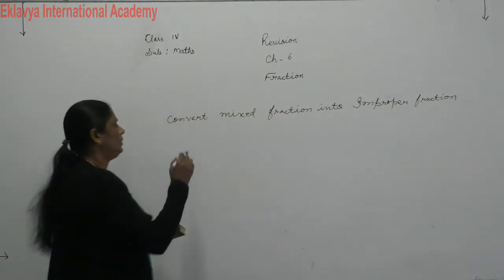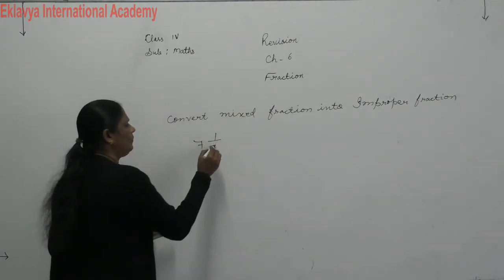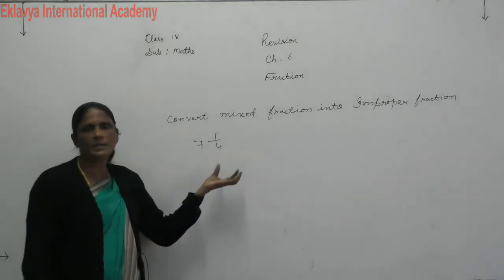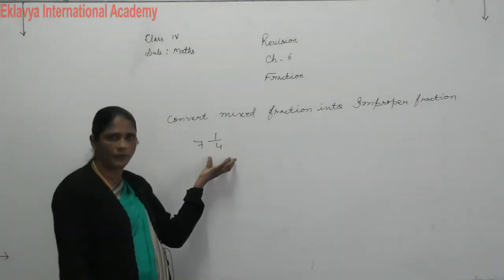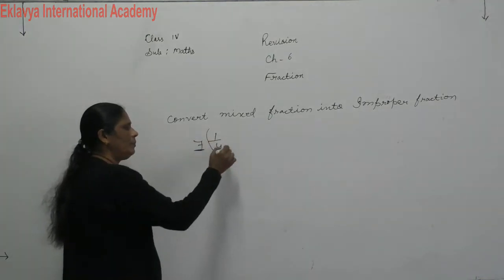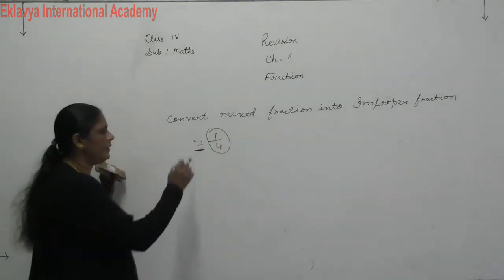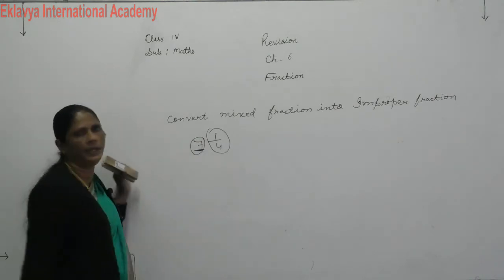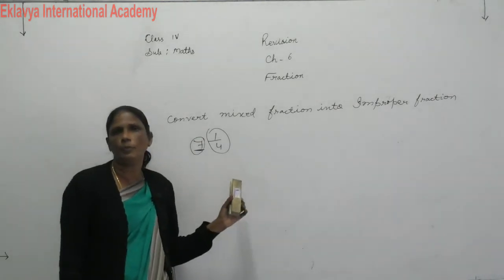Here 7 1 by 4 is a mixed fraction. A mixed fraction has a whole number and a proper fraction. 7 is the whole number and 1 by 4 is the proper fraction.